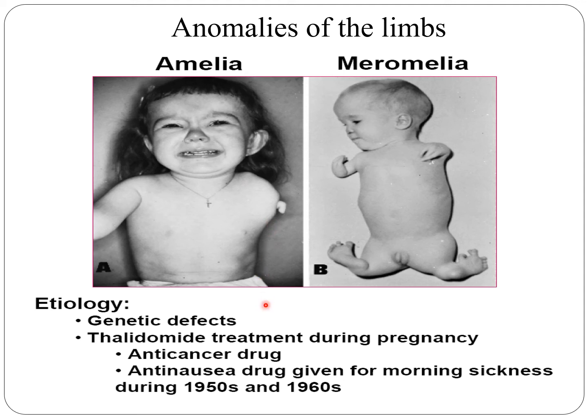Why does it happen? Mainly it happens due to genetic factors and also a very important medicine known as thalidomide, which was usually given during pregnancy as an anti-nausea drug to prevent vomiting, and is also used as an anti-cancer drug. As already discussed, it was given for morning sickness in the 1950s and 60s.